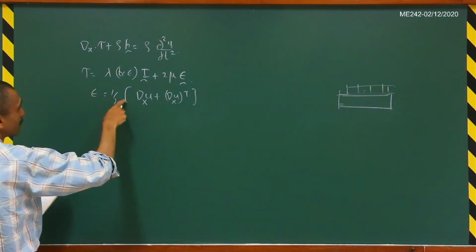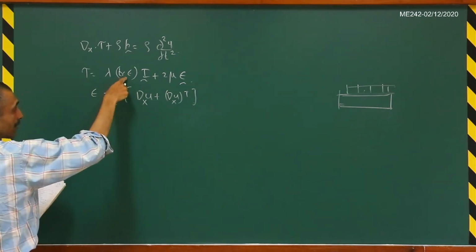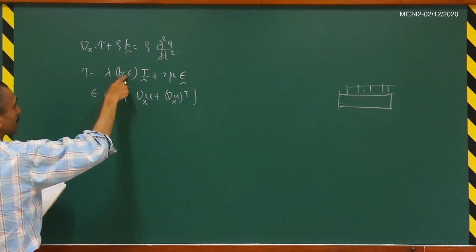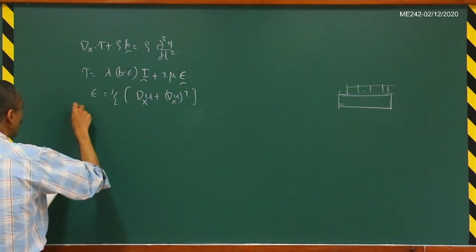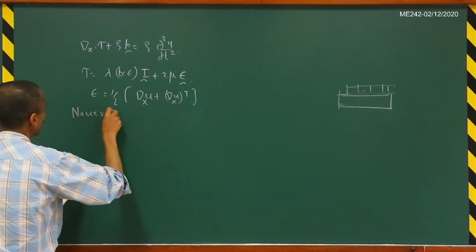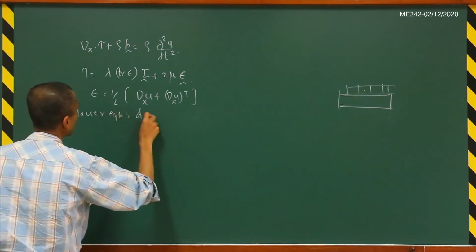So if you substitute this epsilon into this equation for tau, and if you substitute this tau into this particular equation here, then you will get the Navier equations of elasticity.